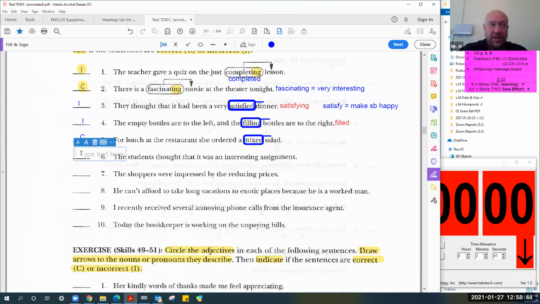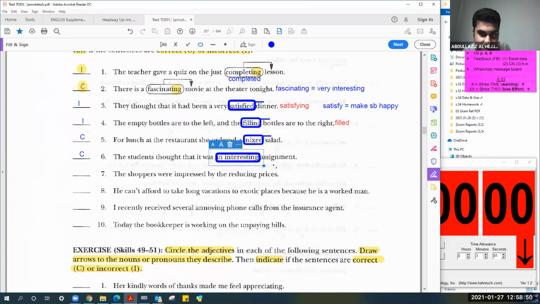Where is the adjective? Interesting assignments. And what does it describe? The assignments. Yes, because the assignment makes the student interested. Understand?